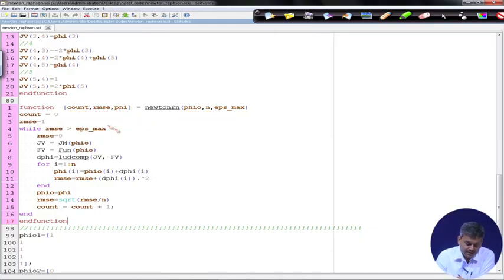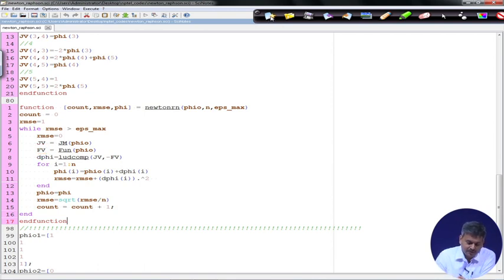Now, in this case let us start the while loop, RMSE greater than EPS max. Obviously, RMSE equals 1 is greater than EPS max, and after entering the loop I am writing RMSE equals 0, because I need to calculate this RMSE within this while loop. Now, we can first calculate our Jacobian matrix and function value.